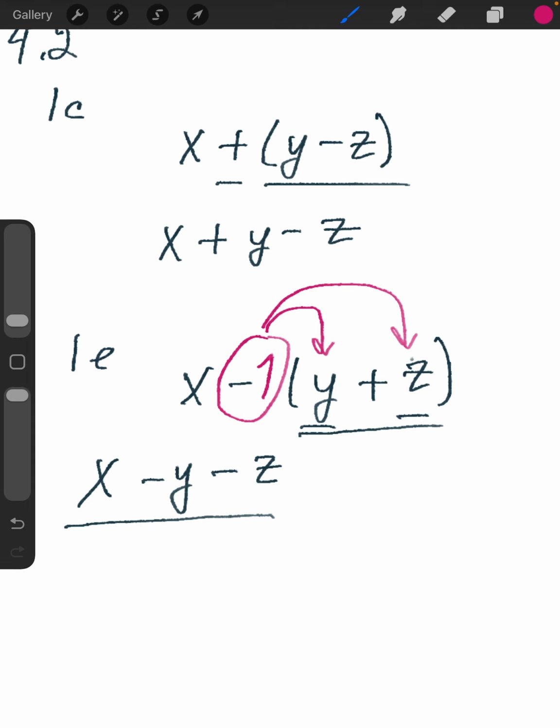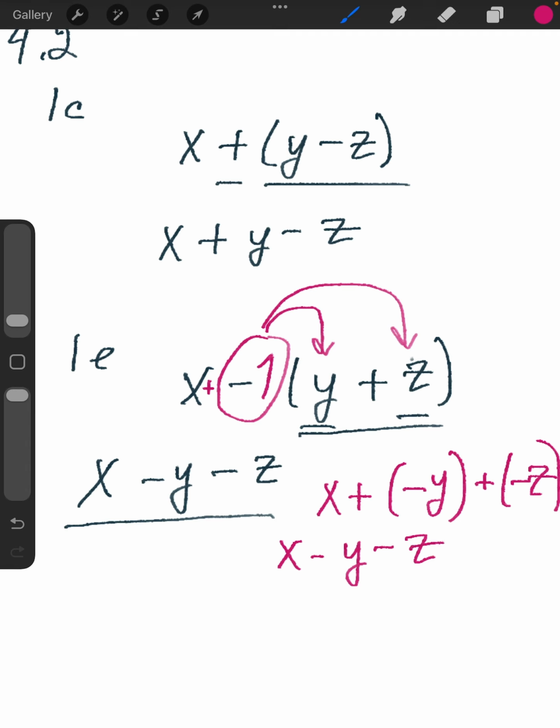And of course, here is kind of like x plus negative 1 times y, which is negative y, plus negative 1 times z, which is negative z, right? And when we open those parentheses, we get x minus y minus z. So that's another way of looking at it that's just a little bit more correct, but at the same time can be a bit complex, right? Okay, so if you did not get this, just keep watching.